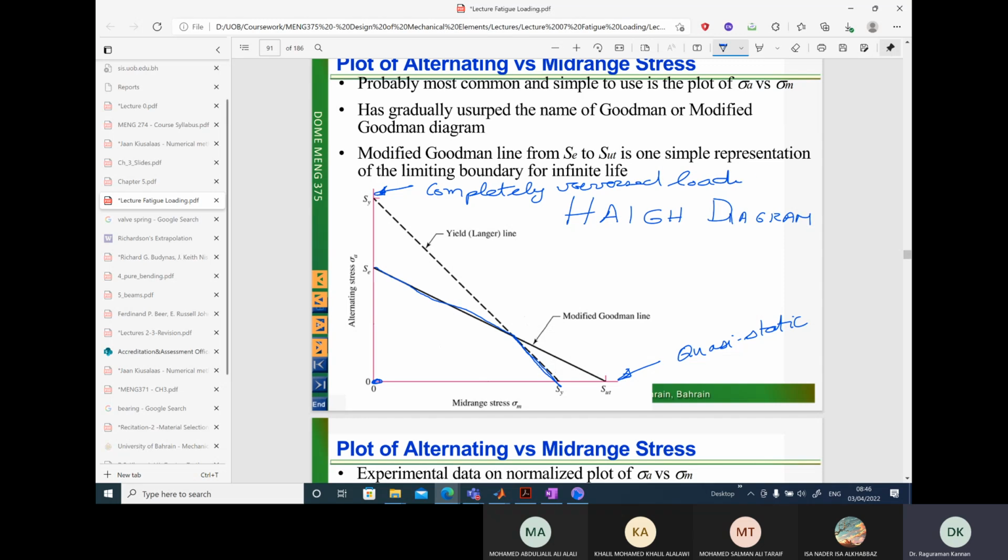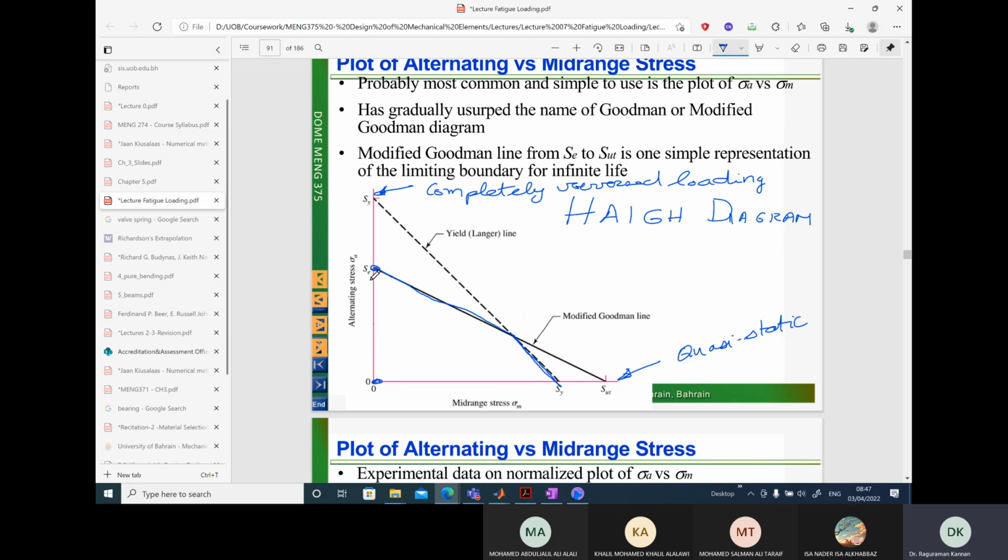In completely reversed loading, we have already figured out the endurance limit Se for a steel specimen. In the case of aluminum, this is going to be your endurance strength at 10 power 6 cycles. Mostly 10 power 6 cycles. Then this point Se or Sf becomes very important, corresponding to 10 power 6 cycles.